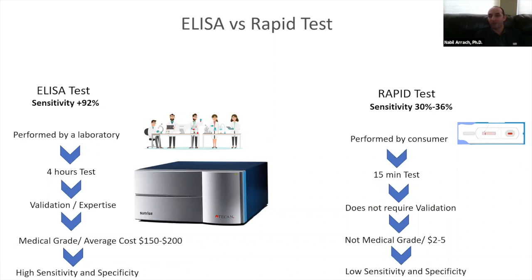It has gone through a lot of validation, quality control, quality assurance, and is performed with highly sensitive equipment. The second one is performed by a consumer. Even if that reached your clinic, you're going to be using a product that was designed for consumers only.